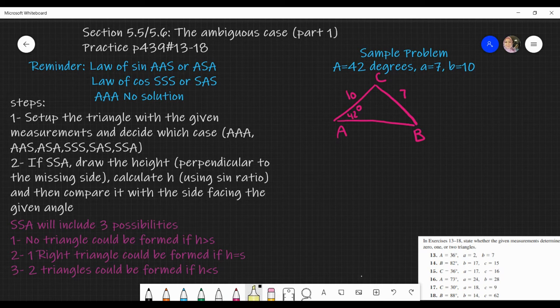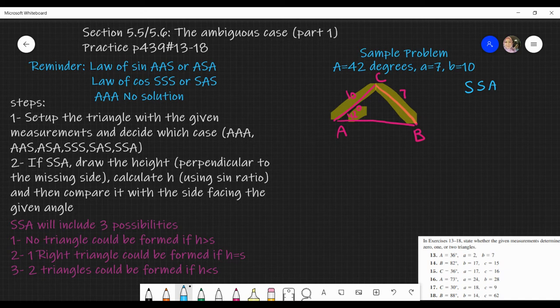So I have one side, I have another side, so I have two sides. So SS, and I have an angle given, but this angle is not included in between the two sides. So that's why this angle is kicked out. So it's SSA.